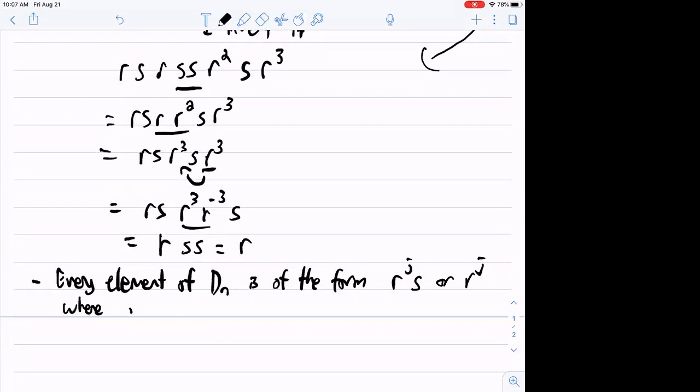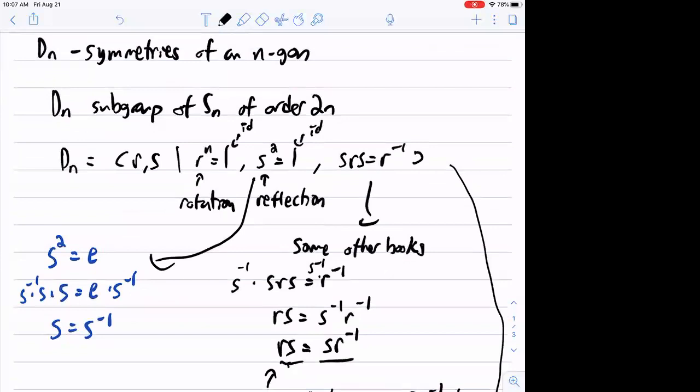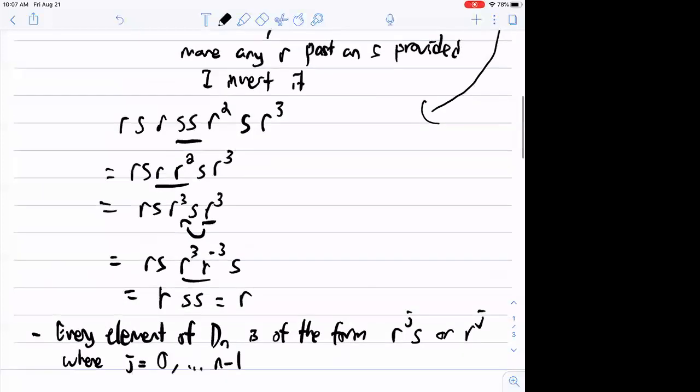Where j is 0 to n minus 1. So why does j run from 0 to n minus 1? It's because r to the n is 1, so r to the n is just r to the 0. Because it's order n.